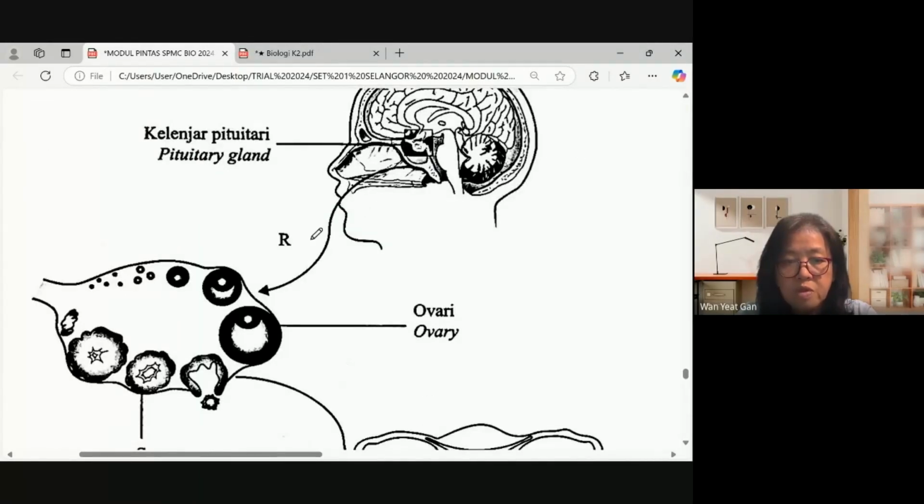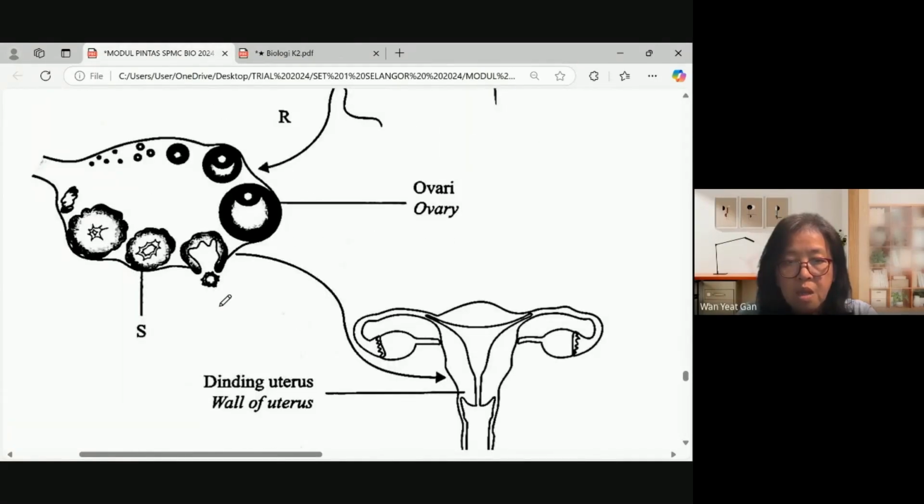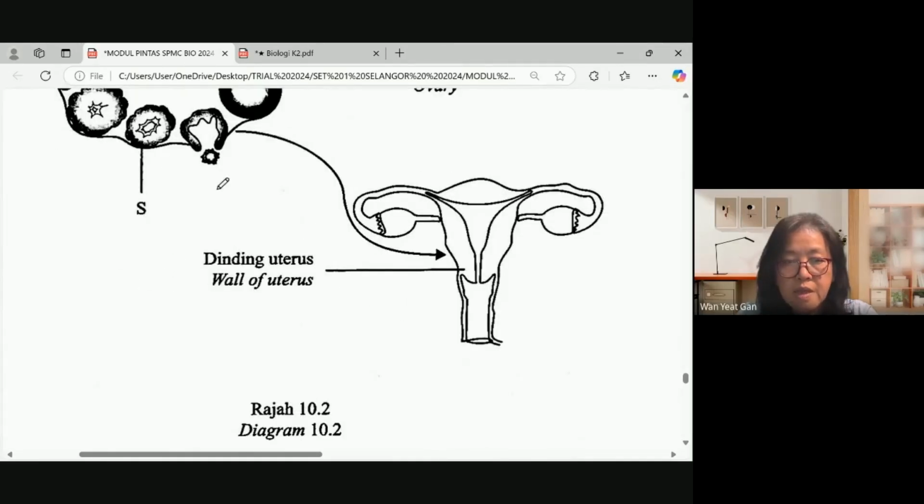So you have pituitary gland, this hormone goes to the ovary, and it affects the cells in the ovary. And then there's an S here.